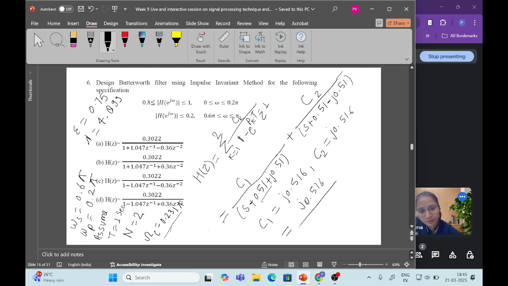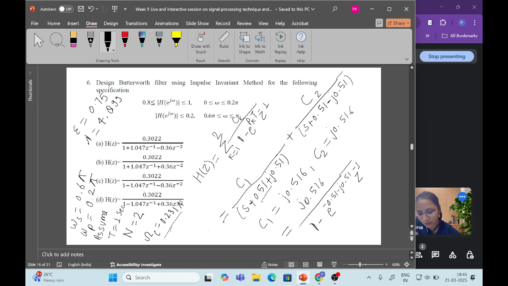J 0.516 divided by 1 minus e to the power pkT, that means these poles, so minus 0.51 minus J 0.51, Z inverse.